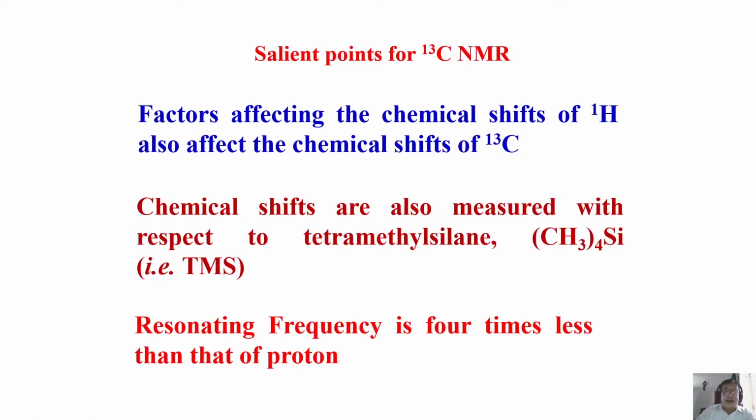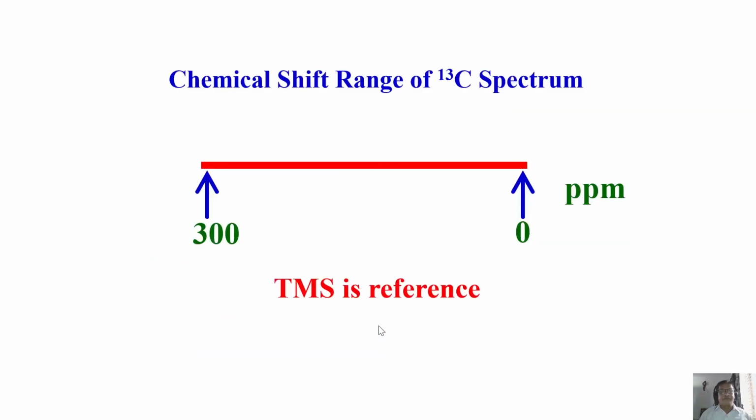The resonating frequency of carbon is 4 times less than that of proton. I hope you know the answer why. The reason is that the gyromagnetic ratio of carbon is 4 times less than that of protons. As a consequence, the resonating frequency is 4 times less. Of course, it also means sensitivity is lower. We'll come to that later.